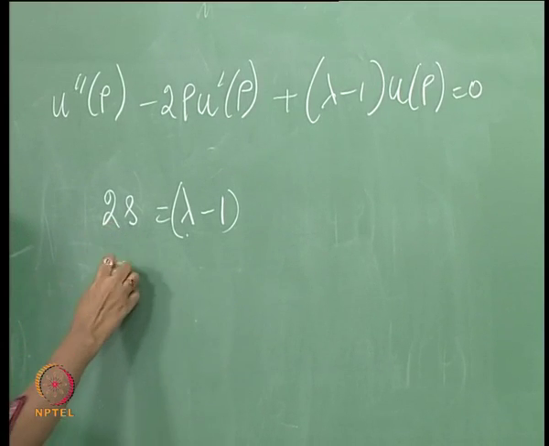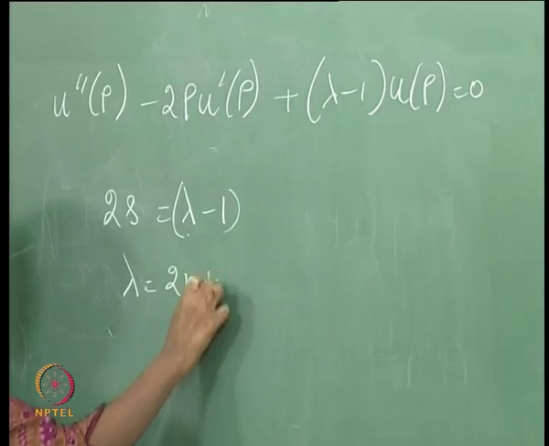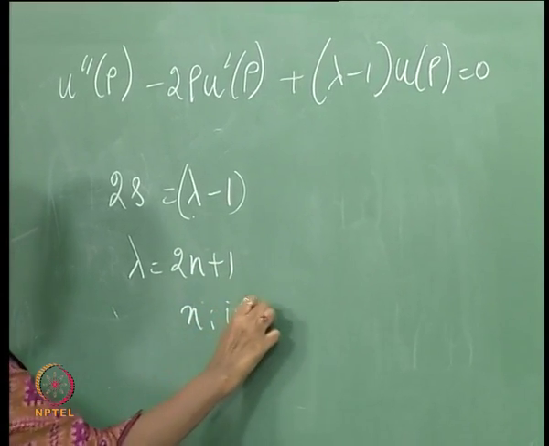But since s is an integer, lambda must be equal to 2n plus 1, where n is a positive integer.